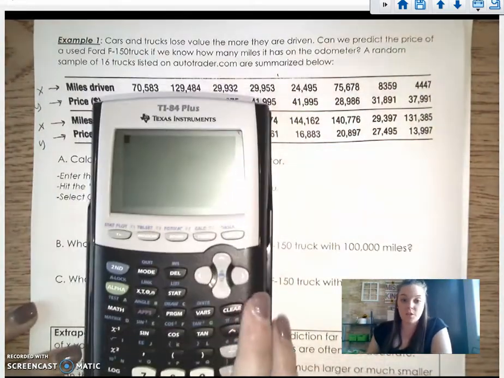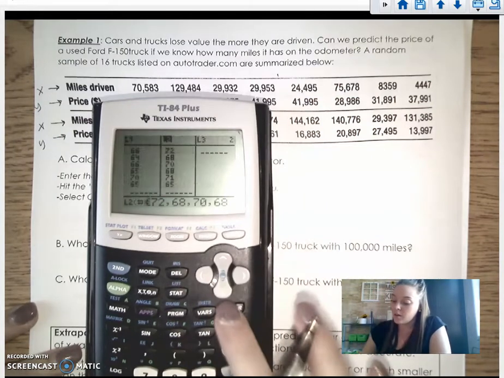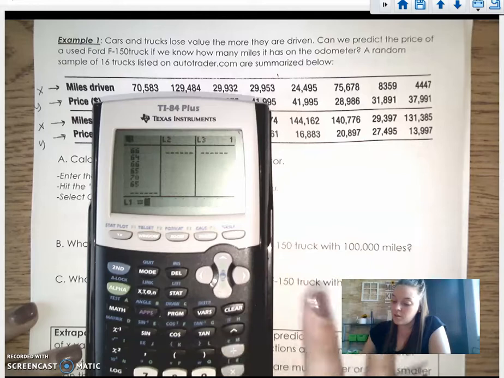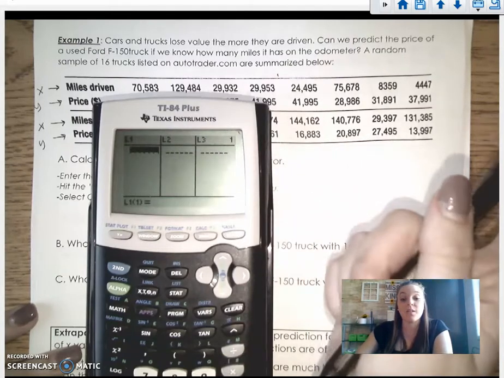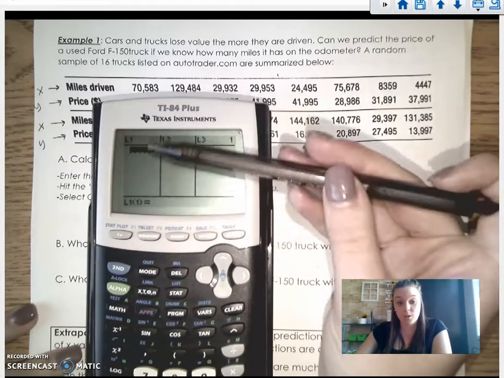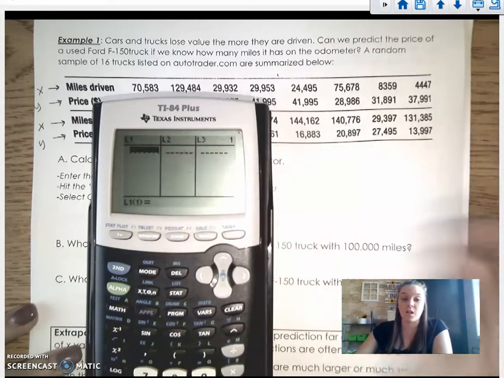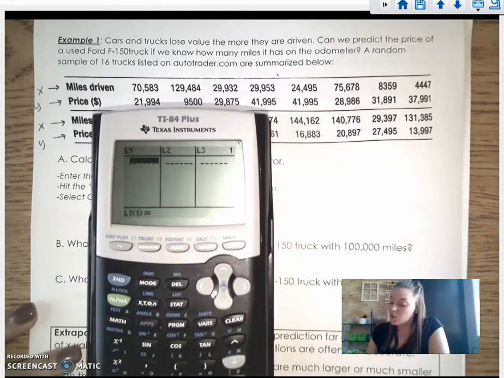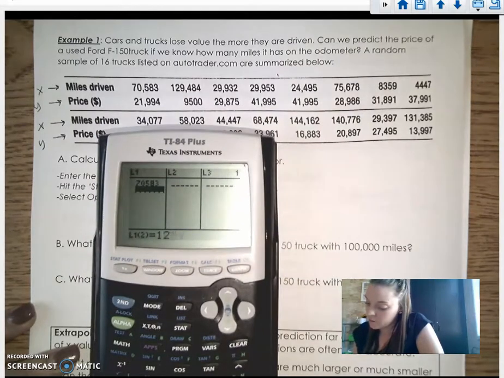So to type this information in your calculator, stat, edit, clear out your list, and again, explanatory in L1, response in L2, and it does matter that you do put these in the right order, so explanatory in L1, response in L2, or else your regression line will not be calculated correctly. So for explanatory, I'm typing all of my miles driven. So 7,583, 129, 484.